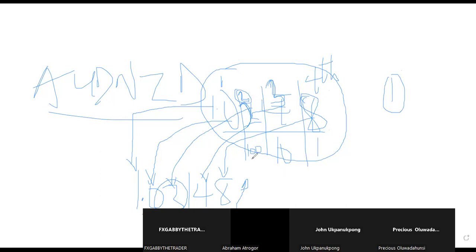Anything from here, we're dealing with it as 100. So the value that went up is what? Where that changed, that is where you are going to interpret it. So that means AUD NZD went up with plus 100 pips. So that is it. We'll do another example again.